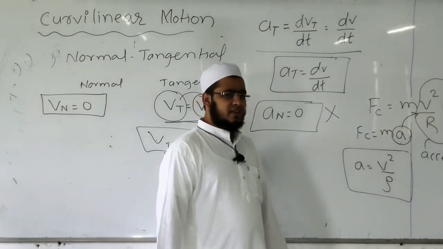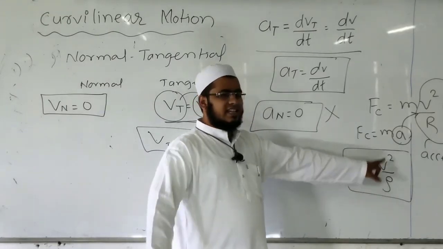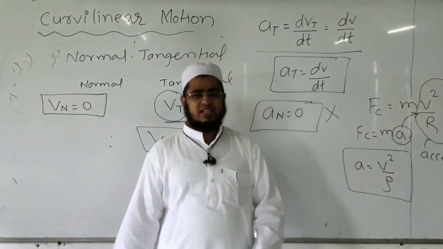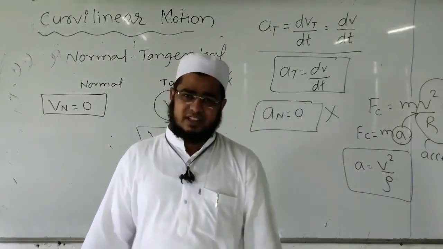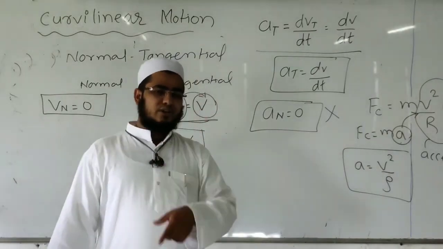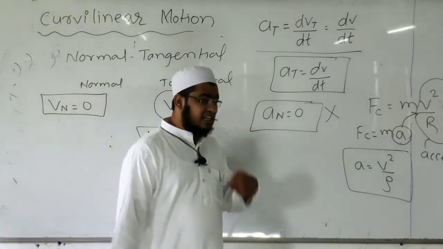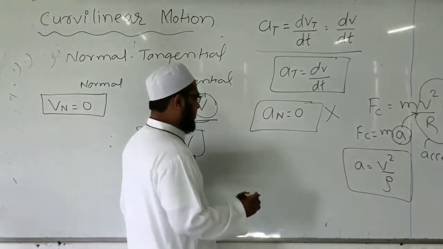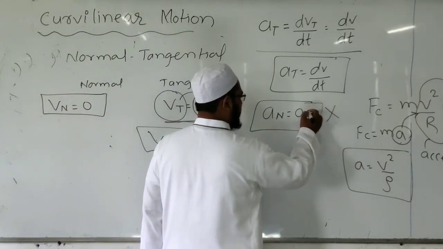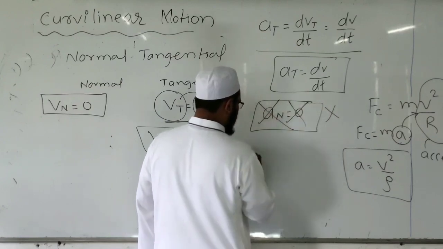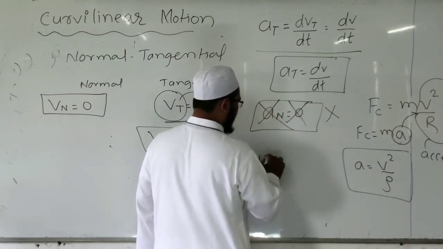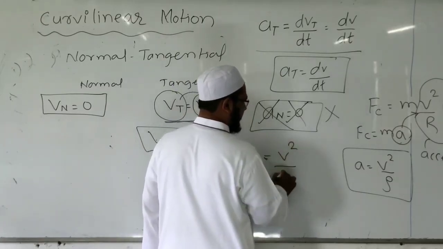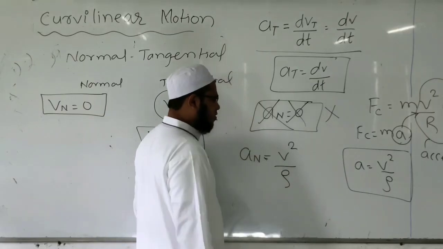It is acceleration, and we know that the centrifugal force is always along the center of curvature, and the component of the acceleration which is acting along the center of curvature is the normal acceleration. That's why an equal to 0 is wrong, and we have to consider the value of centrifugal acceleration, v square by rho. Why rho?